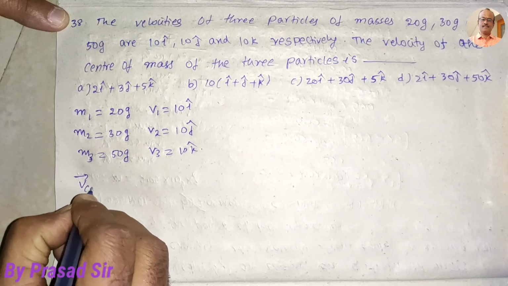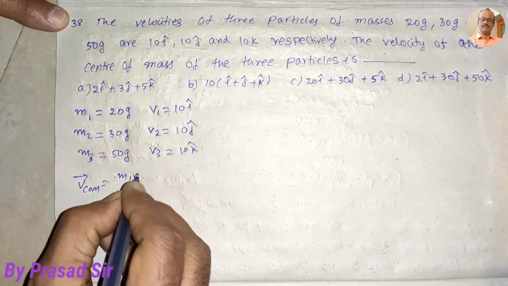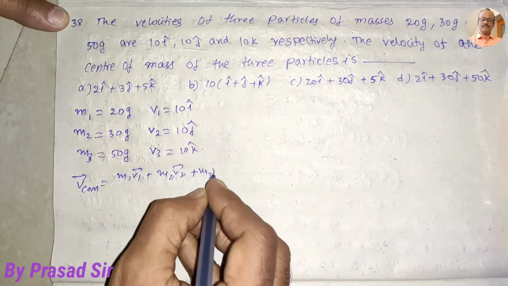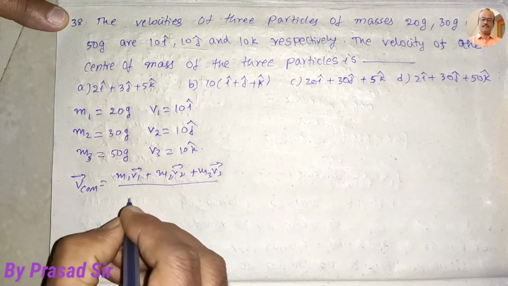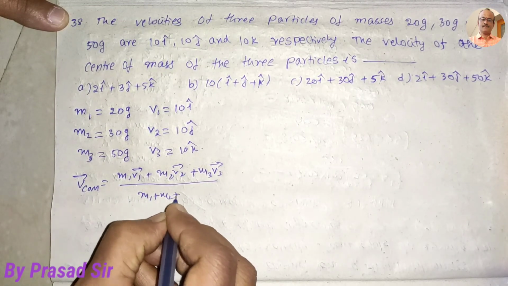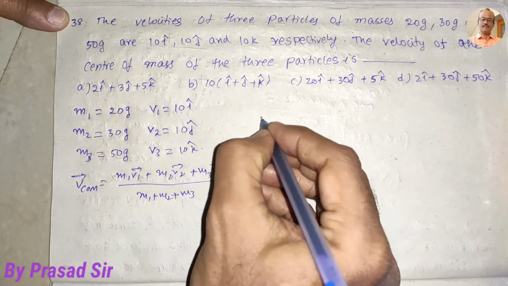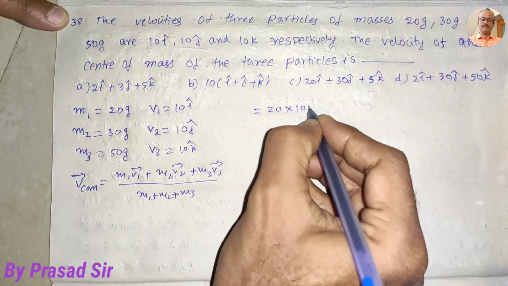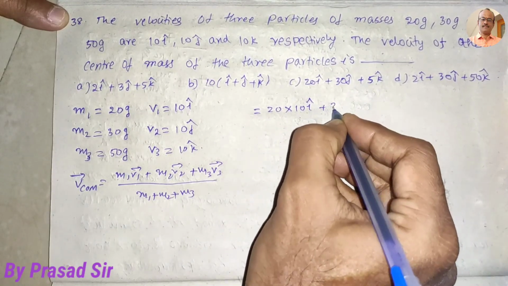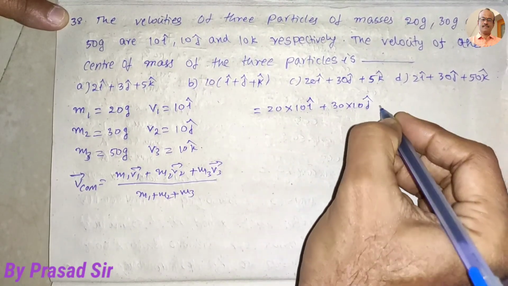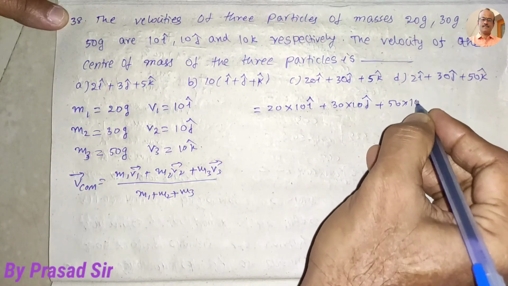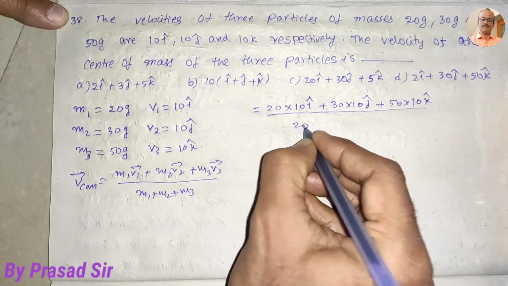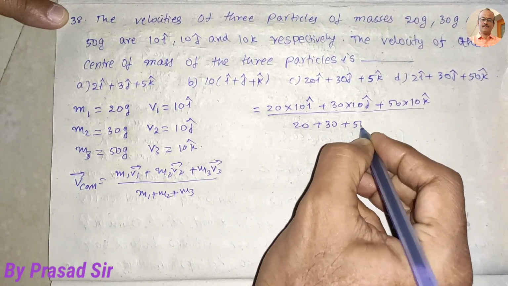So the velocity of the center of mass is equal to m1 v1 plus m2 v2 plus m3 v3 divided by m1 plus m2 plus m3. Now substitute. So m1 that is 20 into v1 10 i cap, plus 30 into 10 j cap, plus 50 into 10 k cap, divided by 20 plus 30 plus 50.